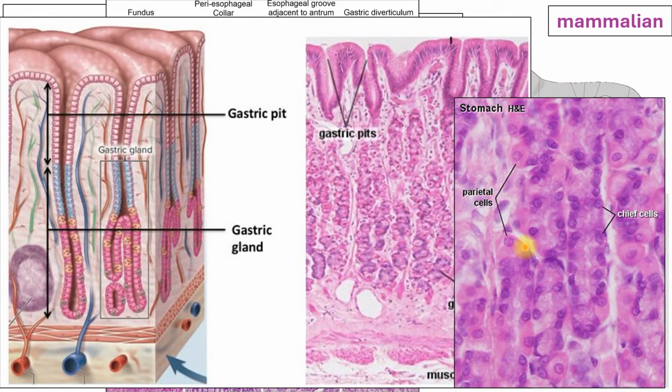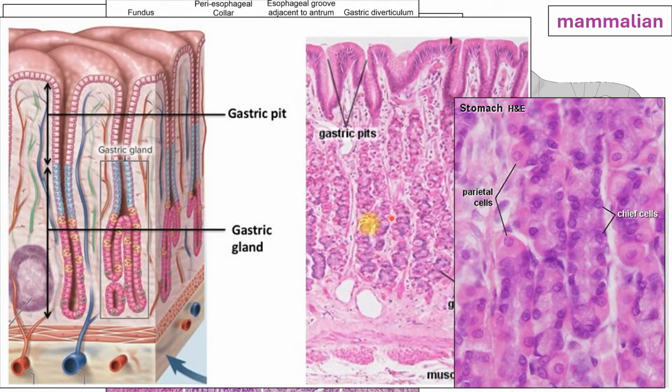Hydrochloric acid and pepsinogen play a role in producing your stomach juices, which play the major role in chemical digestion. Pepsinogen is mainly for breaking down peptides or proteins. Again, these are the cells which produce your stomach acids or stomach digestive juices.